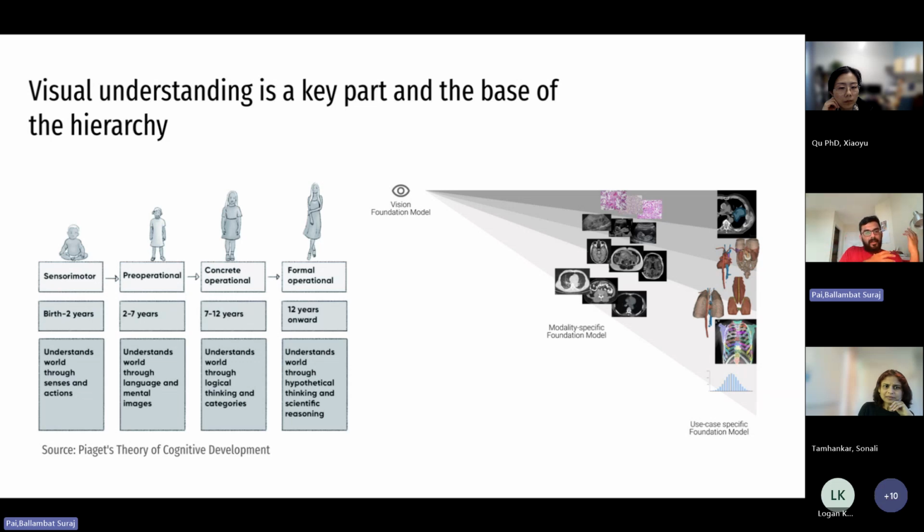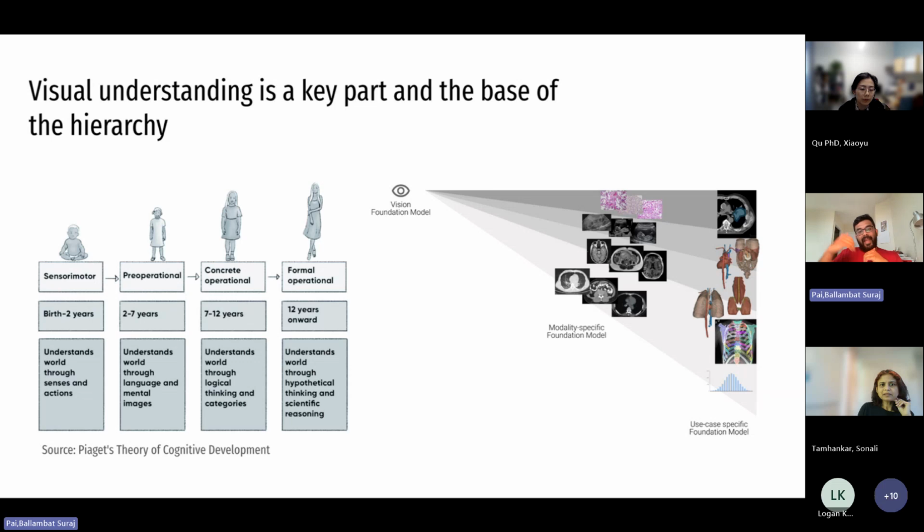So when you're a child, between birth and 2 years, you first understand this perceptual sense of the world, which is through your senses, like vision, hearing, and through how you do actions and interact with your perceptions. Then you move on to, again, more abstract sources: between 2 and 7, you go into the world of language and figuring out mental images through language. Then you go into more logical thinking and categorization, which is one step beyond language.